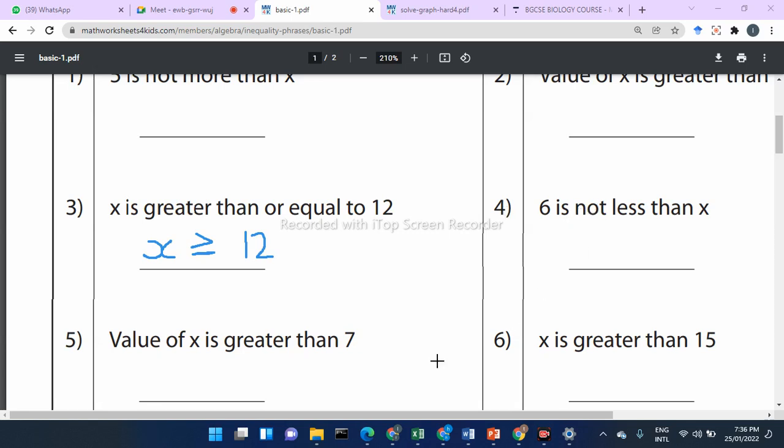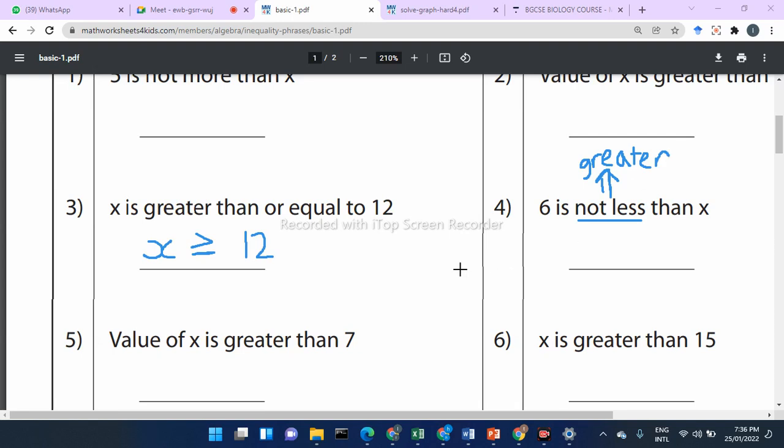Number 4. 6 is not less than x. What does that mean? x is greater than 6? Exactly. So if 6 is not less than x, that means that 6 is bigger, or 6 is greater than x, because it's not less than.